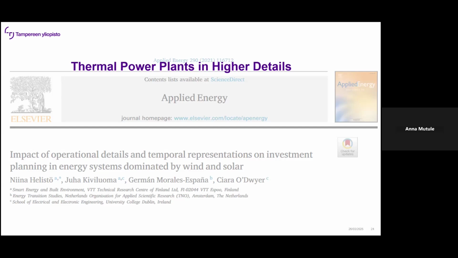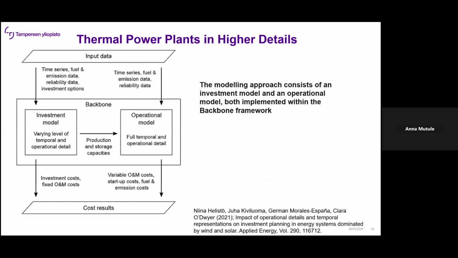This study explores how operational constraints and time resolution affect investment decisions in systems dominated by wind and solar, also highlighting the importance of accurately modeling thermal plants when planning for flexibility and reliability. This study used the Backbone energy system modeling framework to explore how different representations impact investment decisions and other cost outcomes.